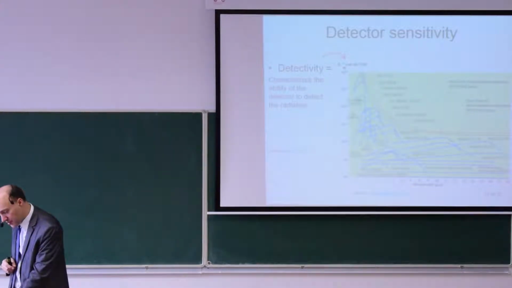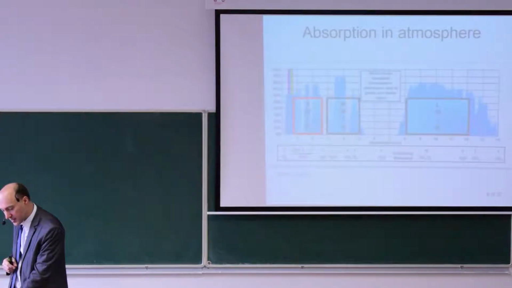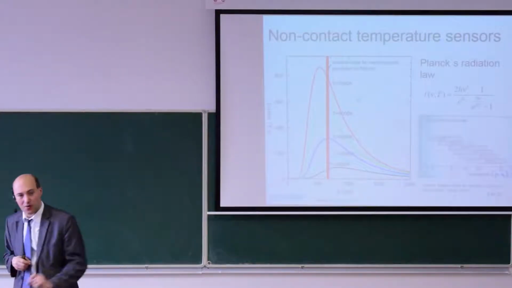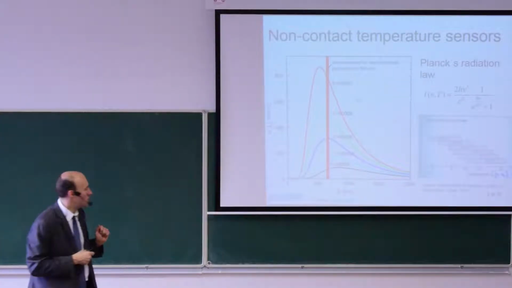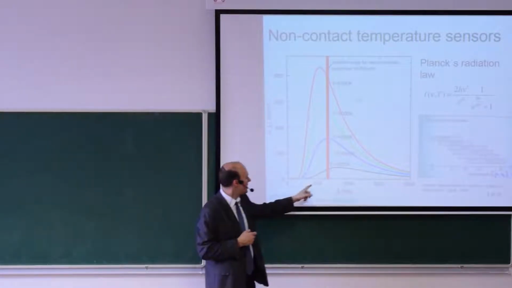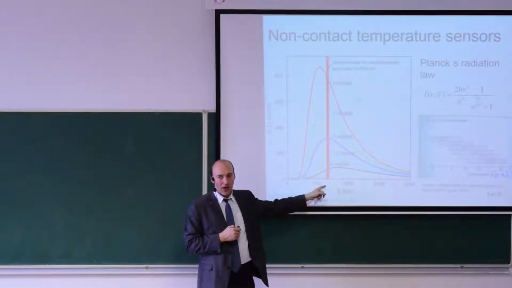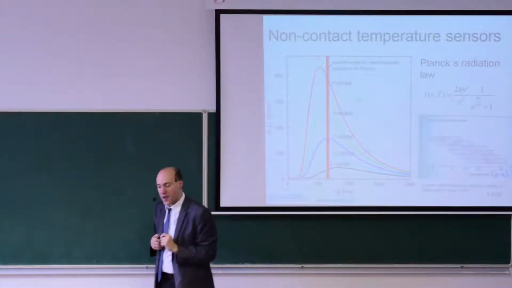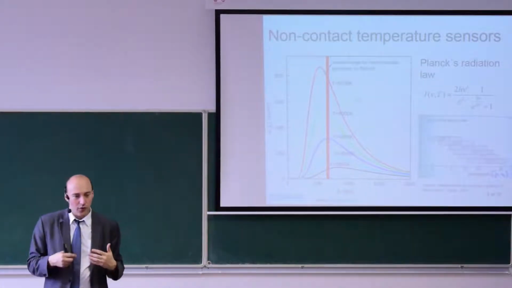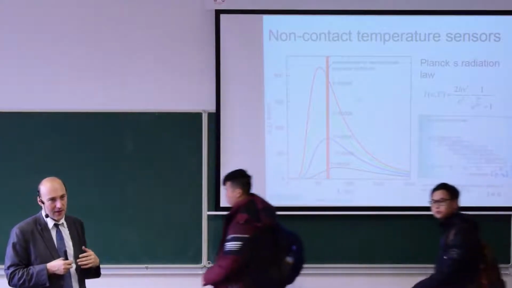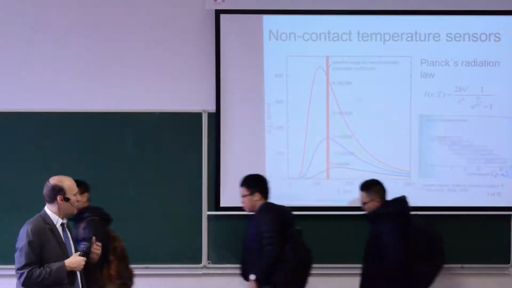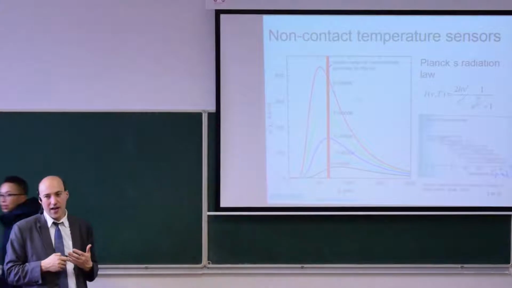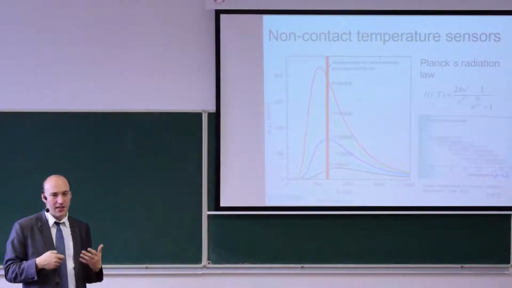The first sensor that we will discuss is based on this picture. This picture is telling me that, for example, if I look at one wavelength, I can compare the amount of radiation that I receive. And from this amount of radiation, I can say what the temperature is.